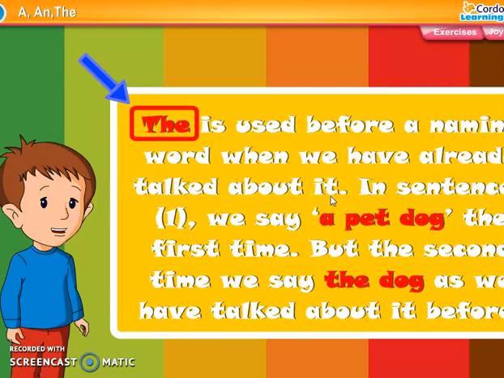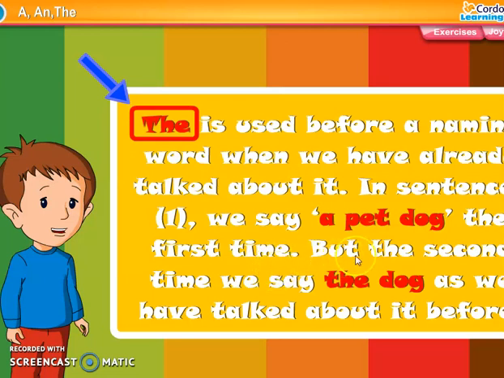मैंने आपको पहले ही बताया था कि the कब यूज होता है? जब हम लोग नेमिंग वर्ड यूज कर रहे होते हैं और अगर हमने नेमिंग वर्ड में पहले ही बोल दिया है तो हमको the यूज करना है. In sentences, we say a pet dog the first time. अभी जब हमने फर्स्ट सेंटेंस स्क्रीन पर देखा था, a pet dog था, बट जब सेकेंड टाइम अगर यही बोलना वही सेंटेंस में हो तो क्या आ जाएगा?